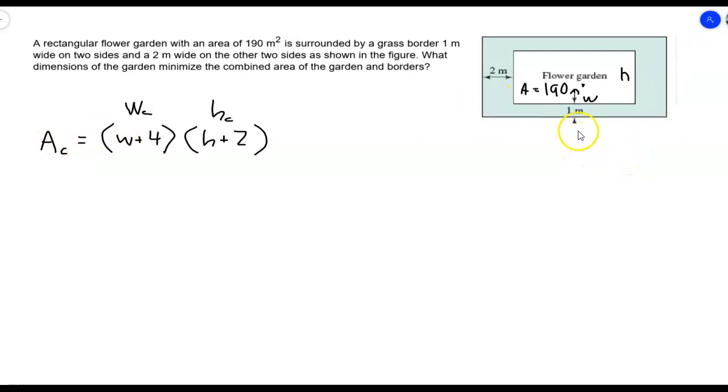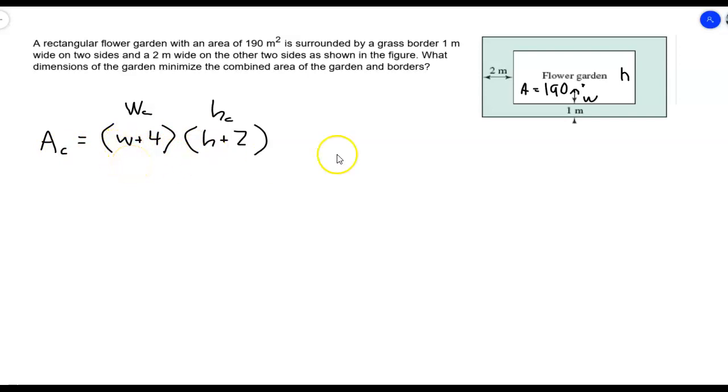Sure. Then our combined area would have just been width times height, but we would have had to do a lot more substitutions and subtractions to get it down to one variable. And that's the key: we want this objective function down to one independent variable, and here we have two.